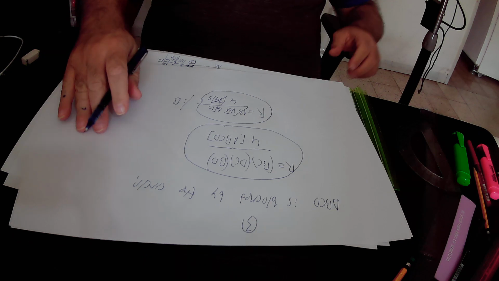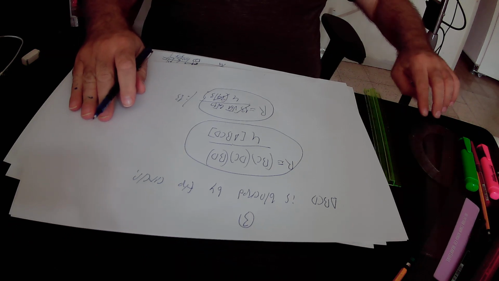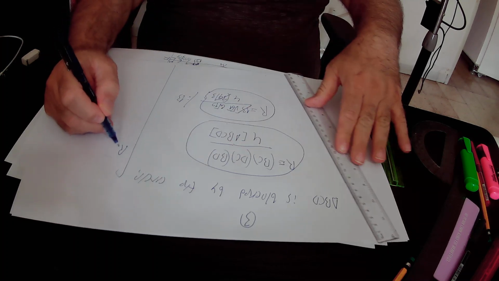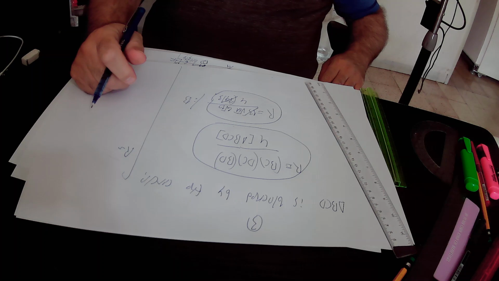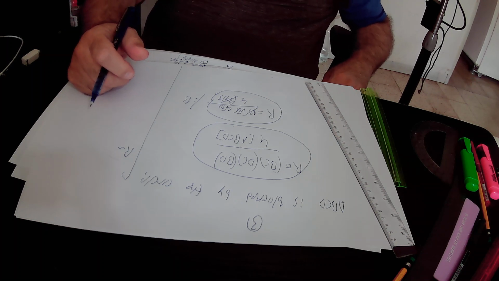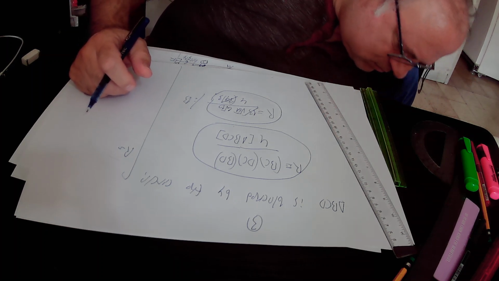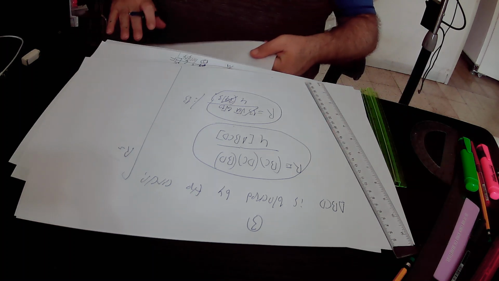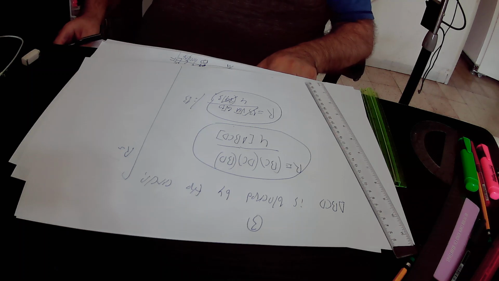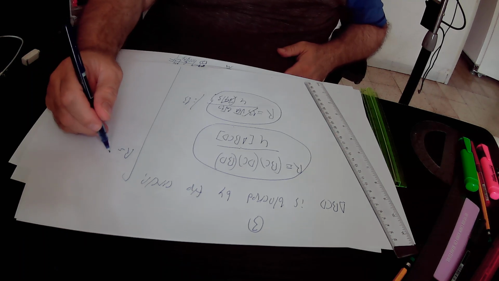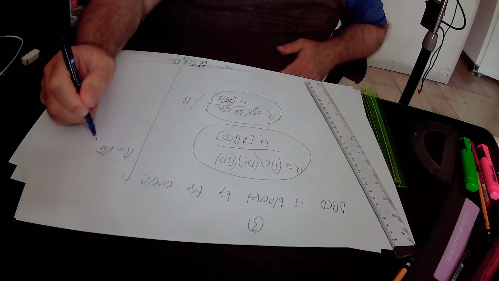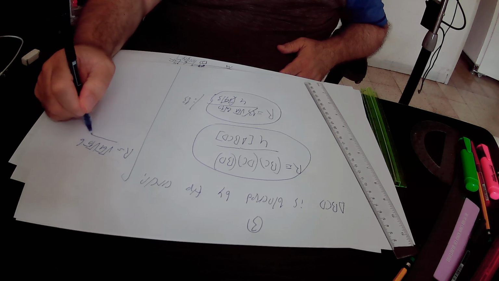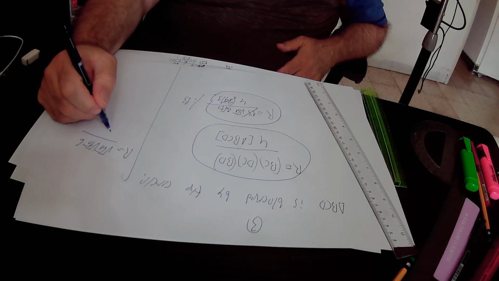So in conclusion, we found out that the radius of the circle that we are looking for is equal to square root of 61 times square root of 10 times 6 over 4 times 3, which is 12.